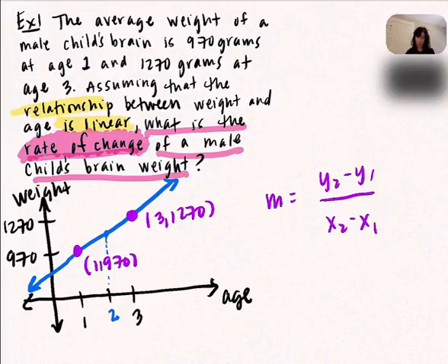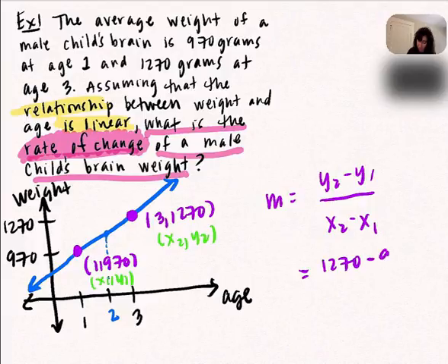So if we just plug these numbers in, I'll assume that this is our second point. So we'll assume that this is x2, y2, and that this one is x1, y1. And if we plug these numbers in, we get 1270 minus 970 divided by 3 minus 1.